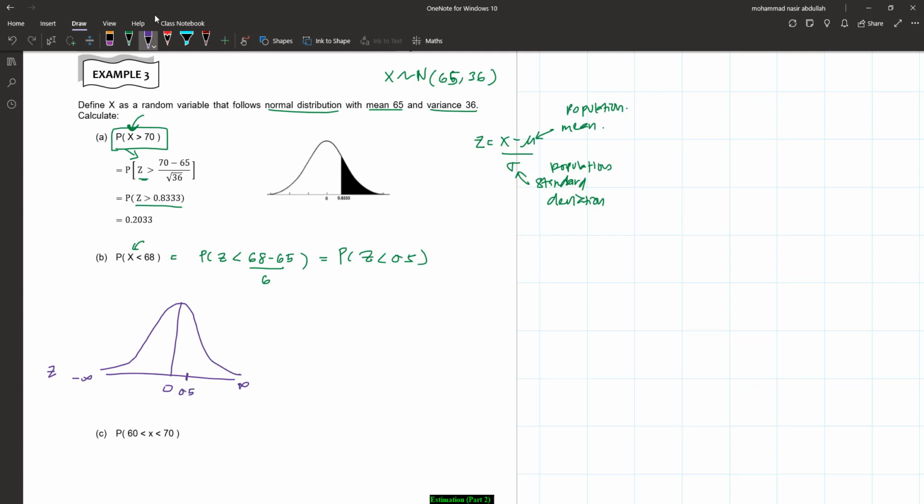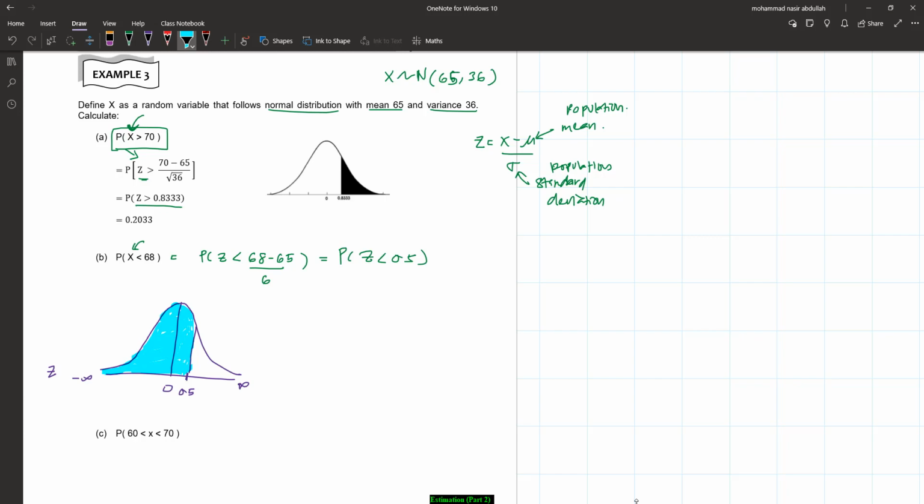Less than 0.5 means they want to know this area, the whole area to the left. So how do we get this region?